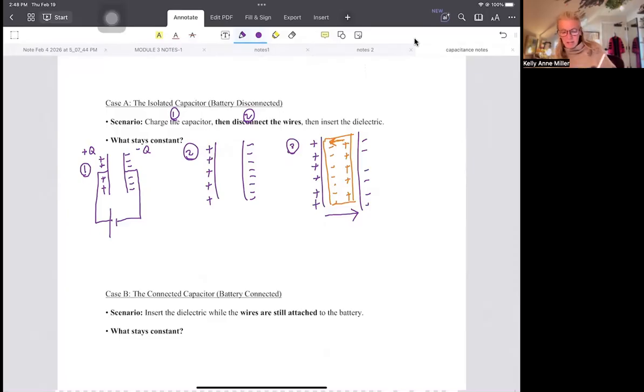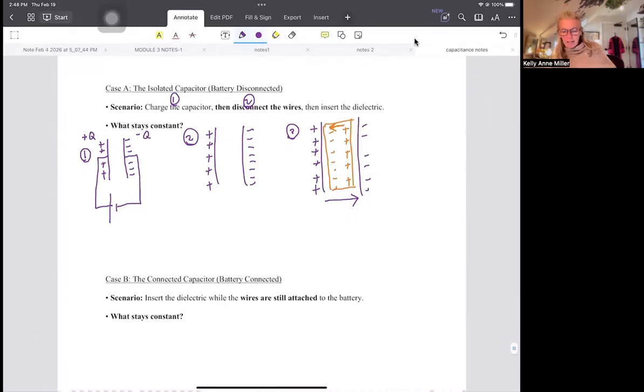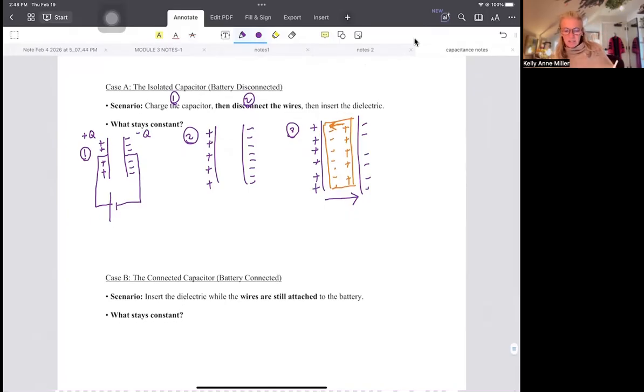What I'm interested in is the difference between picture 2 and picture 3. As I go from here to here, what changes? That's the question I'm asking. Okay, so let's list on the side here what changes and what doesn't change. Okay, so Q stays the same.